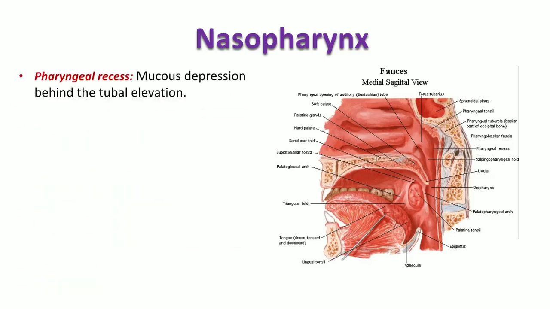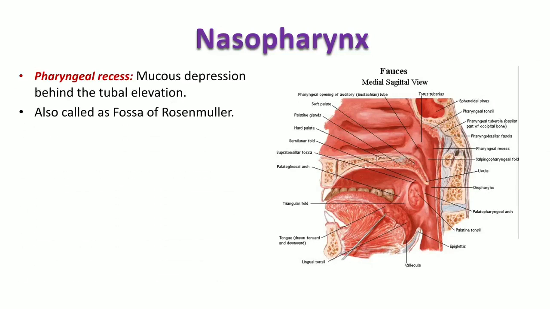Then next, behind the auditory tube and the tubal elevation, you see a deep recess of the mucous membrane, which is called the pharyngeal recess, or fossa of Rosenmuller.